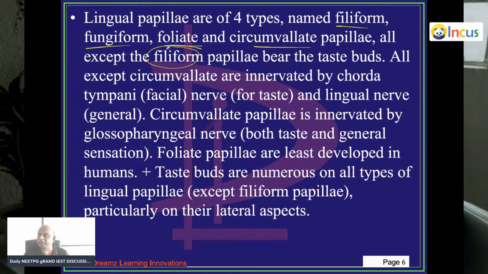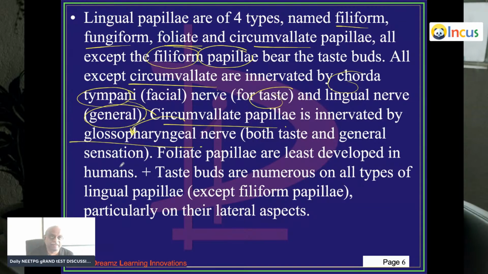All of them except the filiform papillae have taste buds. Filiform don't have. All except the circumvallate are innervated by chorda tympani for taste and lingual for sensory. And circumvallate papillae are innervated by glossopharyngeal, both for taste and general sensation.